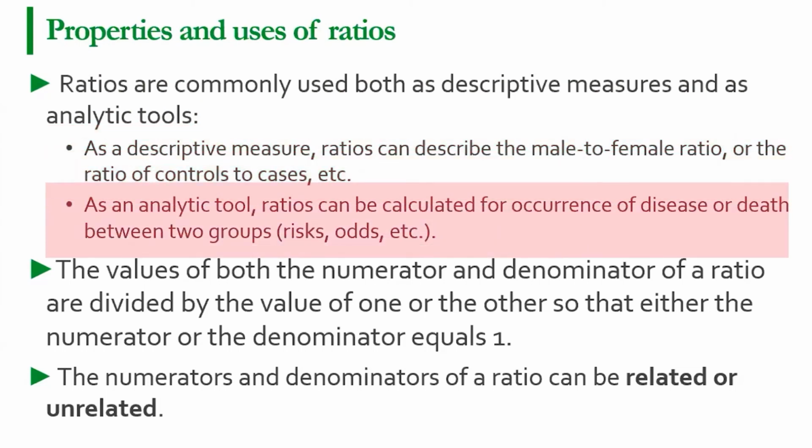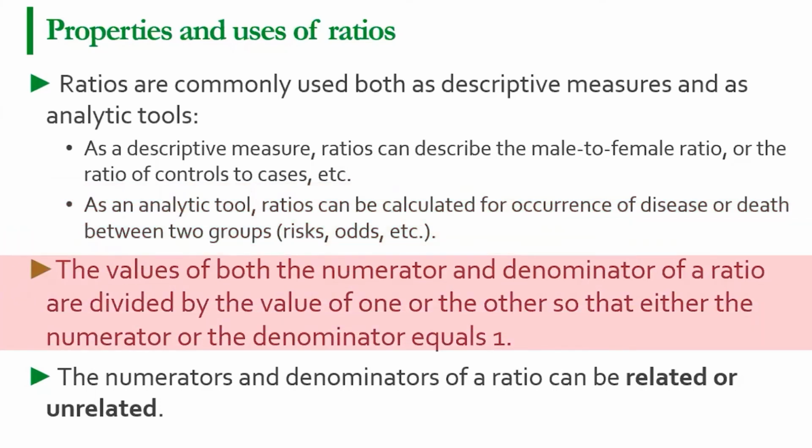But they can also be used as an analytical tool to compare different characteristics of the populations of interest, like the risks or the odds of a disease, and so on. Ratios can mathematically be simplified like we do with normal fractions. So we can divide or multiply both the numerator and the denominator by a certain value, and then simplify the fraction. In the same way, ratios are also simplified.